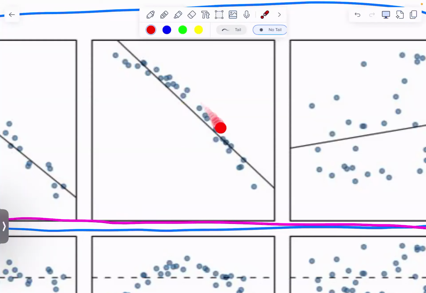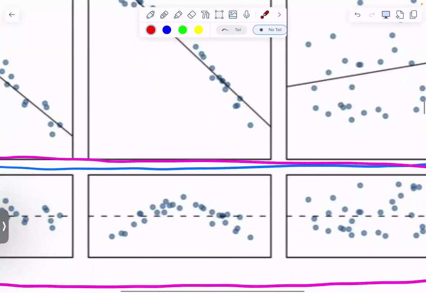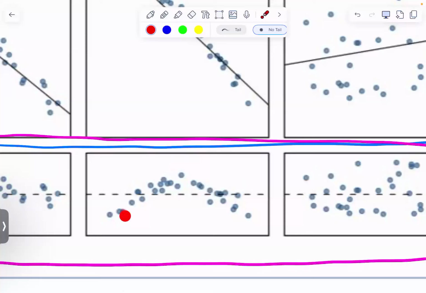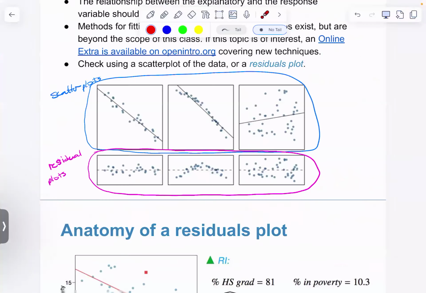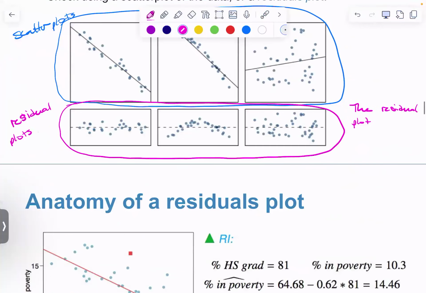And so we have this non-linear relationship. That's hard to see in the original scatter plot, but it is kind of magnified when we look at the residual plot. So that's why we use the residual plot. The residual plot often magnifies the original scatter plot.